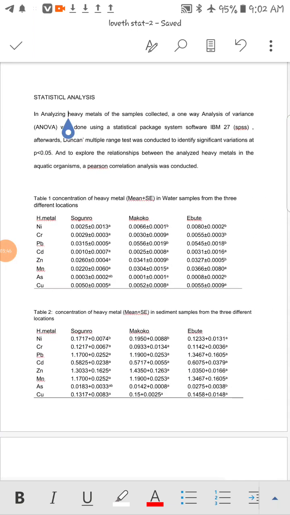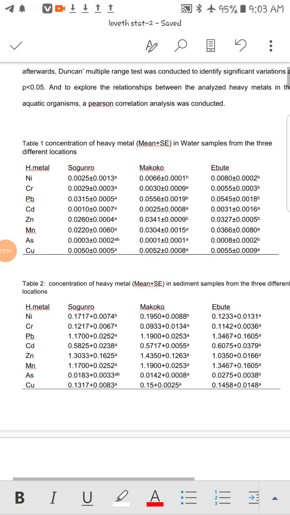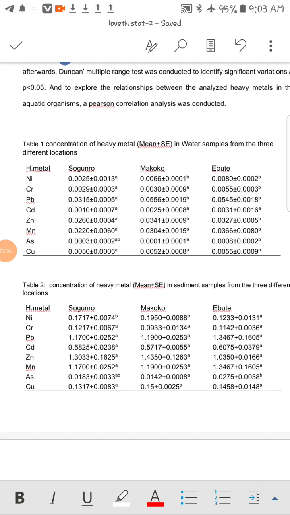The same thing is applicable to chromium, lead, and all that. Then let me just go to arsenic. For arsenic, Sogoro is AB, Makoko A, Ebute B. What this is telling you is that Sogoro has similarities of arsenic with Makoko, and also has similarities with that of Ebute.